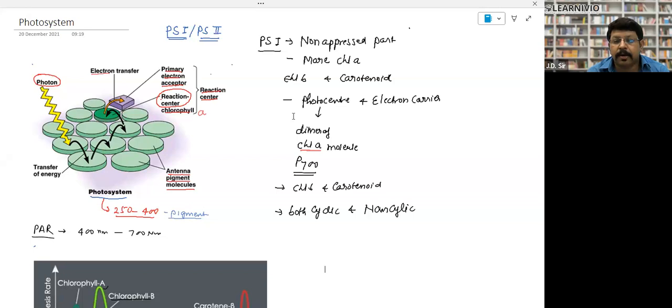Photosystem or pigment system, first and second.